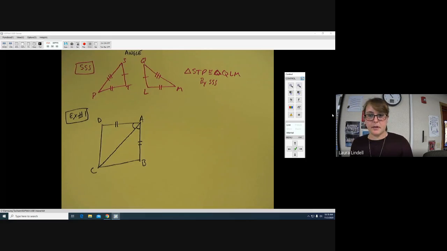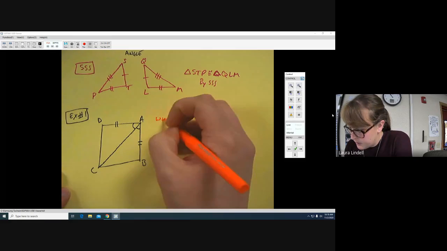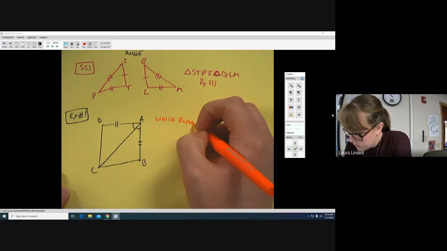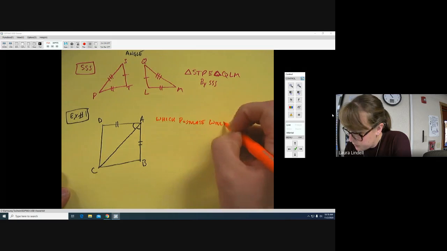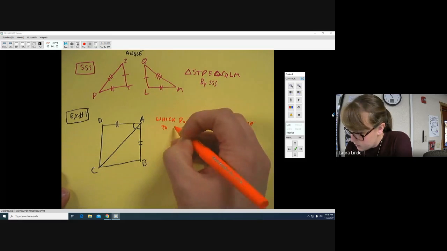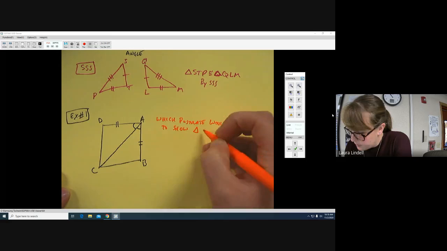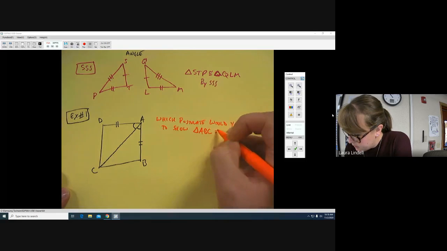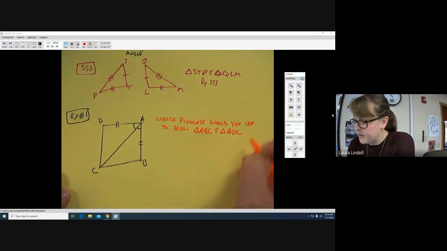And we might be asked a question like, which postulate would you use to show triangle ABC is congruent to triangle ADC?